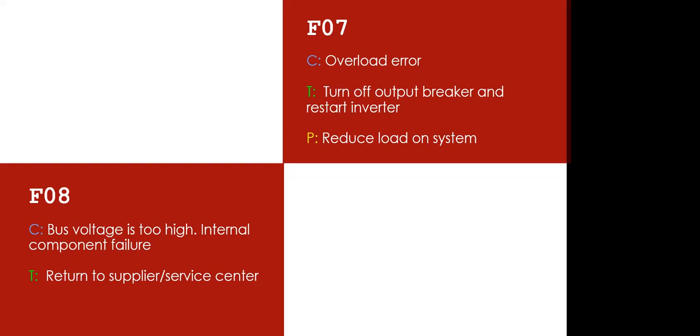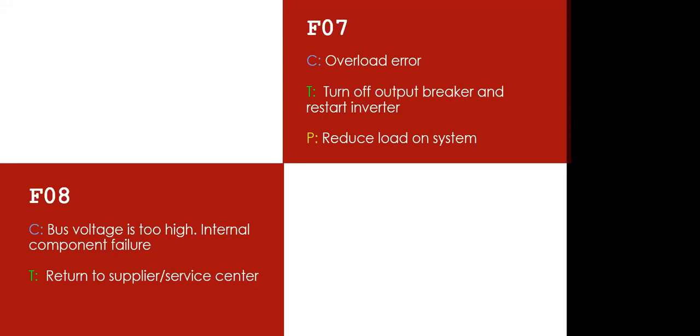Then after some minutes, maybe we give it 5 to 10 minutes, we turn on our inverter again, turning on the battery breaker first. If the inverter works on battery mode, definitely the inverter is still in good condition.